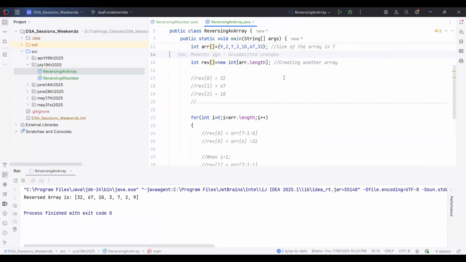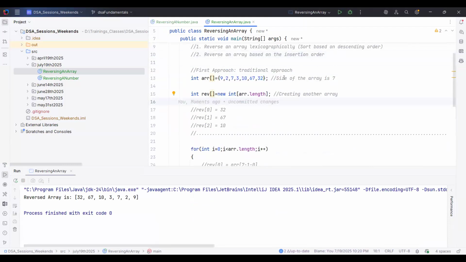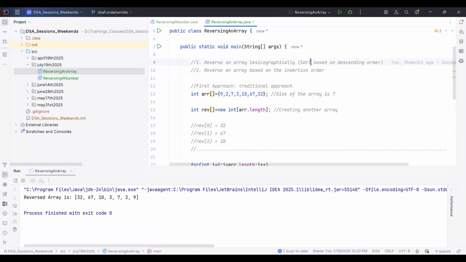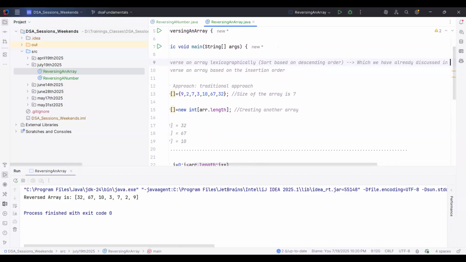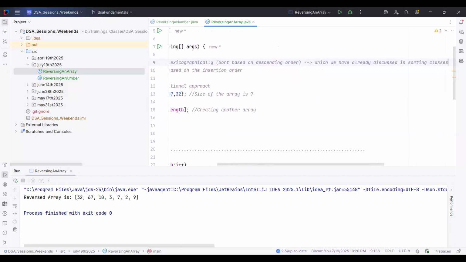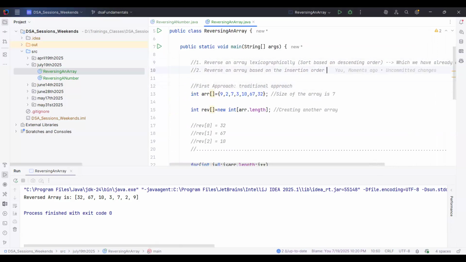Yes. You mean the first approach, in the sense based on lexicographically, Rahul? No, first approach means sort based on descending order, which we have already discussed in sorting classes. Now this is the one we are discussing currently, insertion order. So when I say reversing an array, there will be multiple conditions.